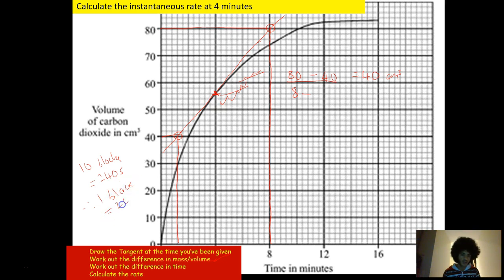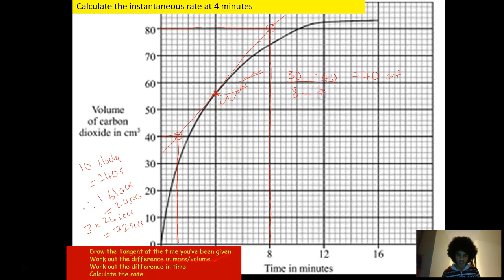must equal 24 seconds. Now, if we look at this very carefully, this is 1, 2, 3 small blocks along. So there's got to be 3 lots of 24 seconds, which in this case is 72 seconds. So I've got 8 take away whatever this number is, 72. Now, to make this easier, I'm going to convert it all into seconds.